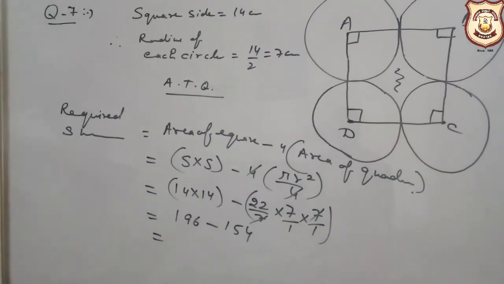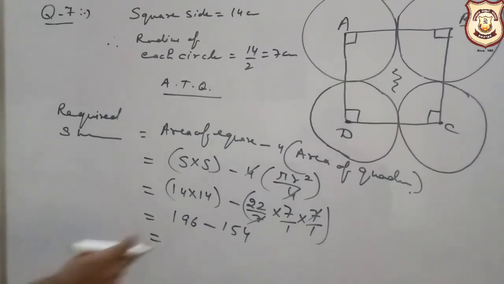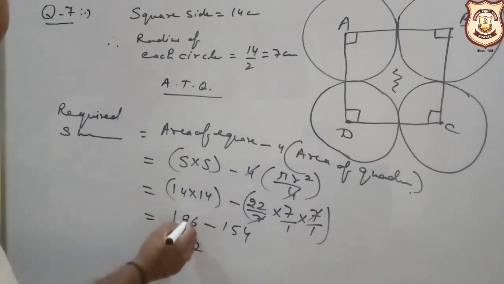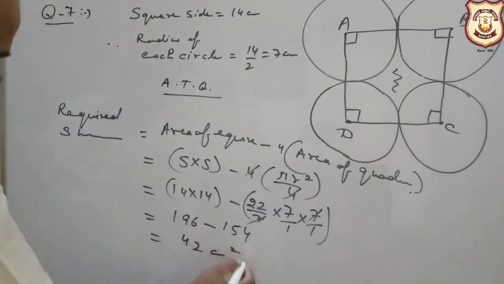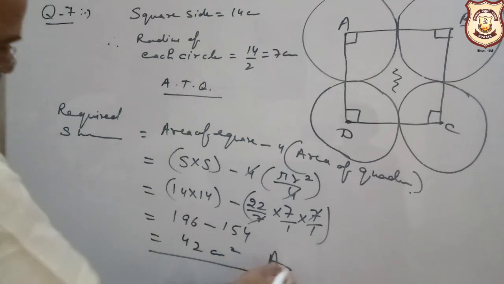So 196 minus 154, 42 centimeter square is your answer.